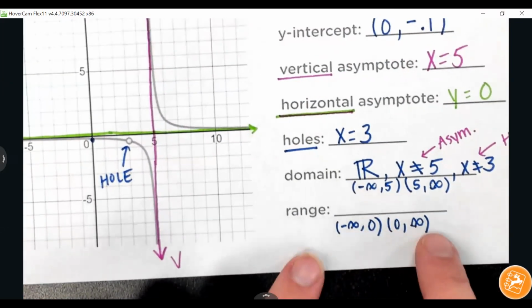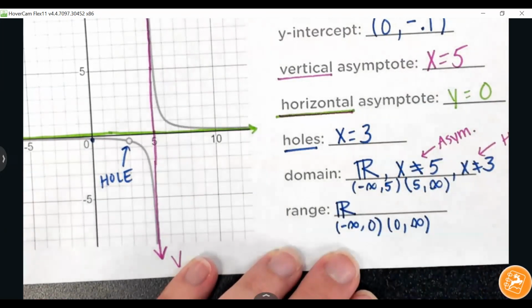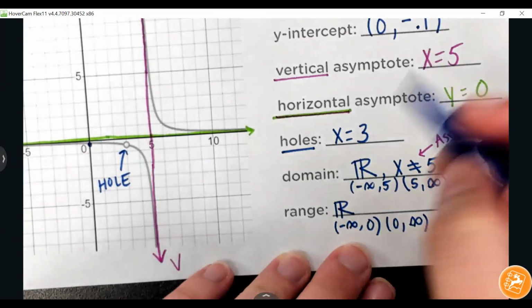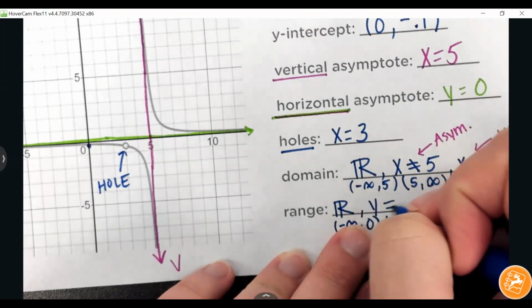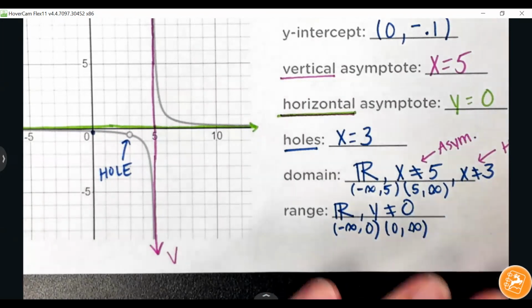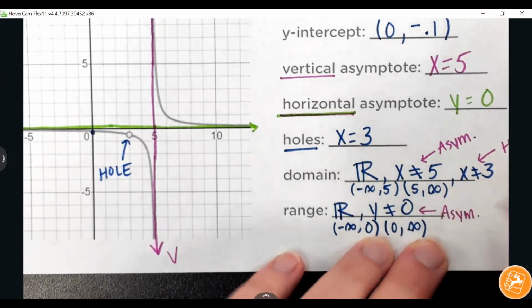Negative infinity to positive infinity is every number in the world, all real numbers. But what do I know when I'm moving up and down? What can I not stop at? At 0. Y cannot equal 0. Why can y not equal 0? Because that is my asymptote.